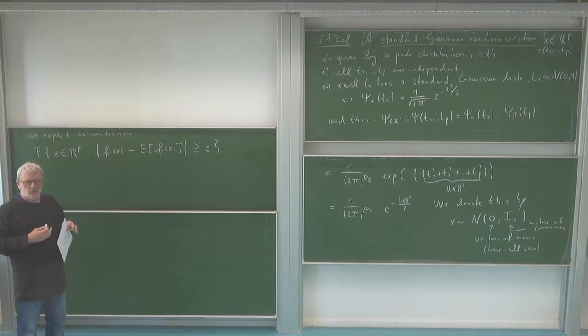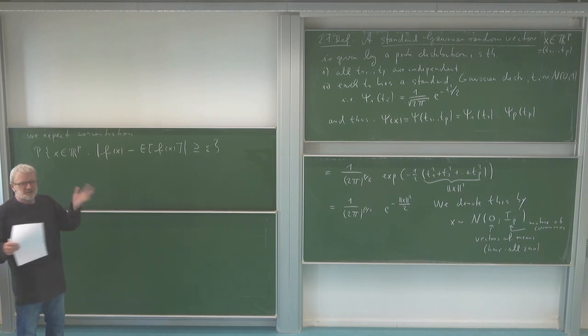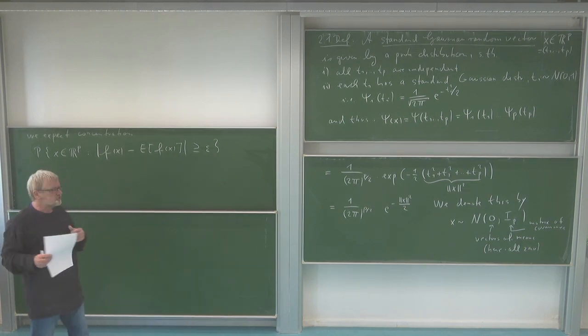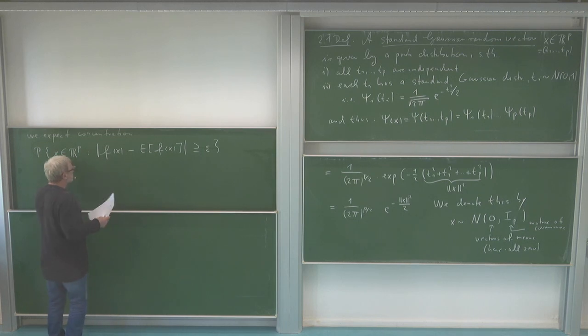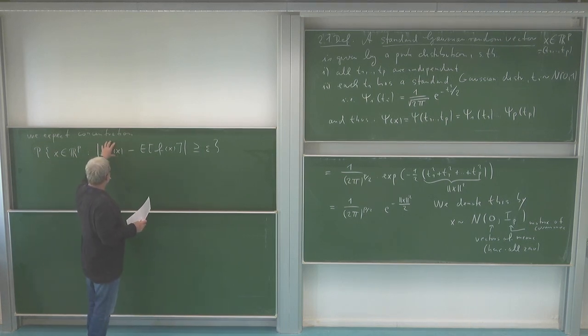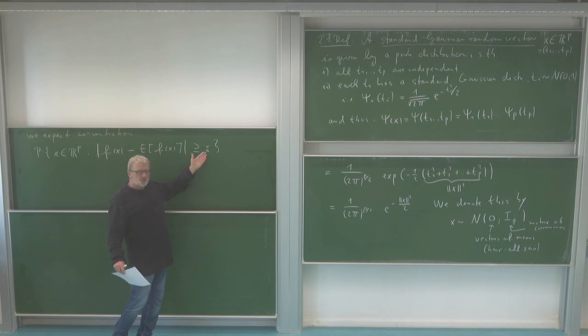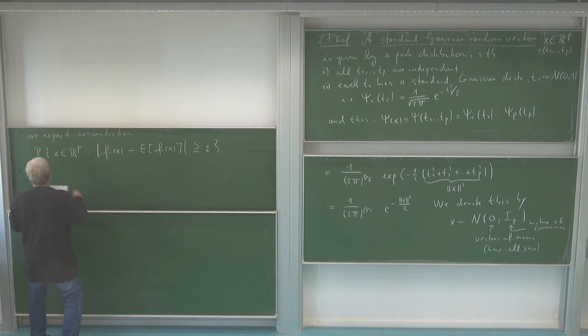In small dimensions we have probabilities for everything and they don't really concentrate, but in high dimensions they should. So the probability that the value of my function has a distance to this constant value which is not small should be small.